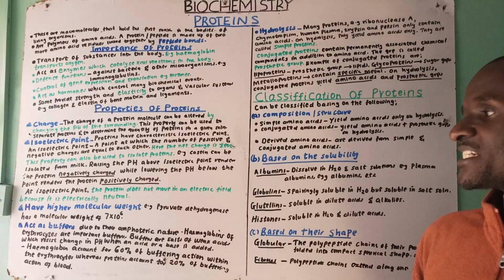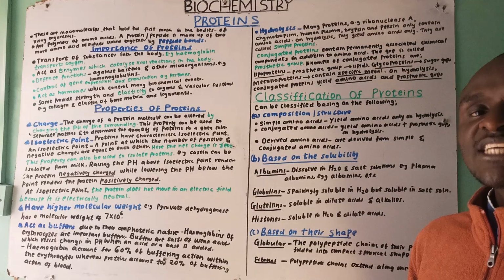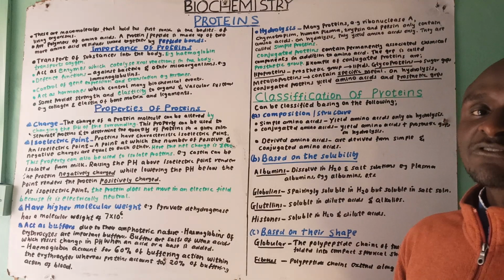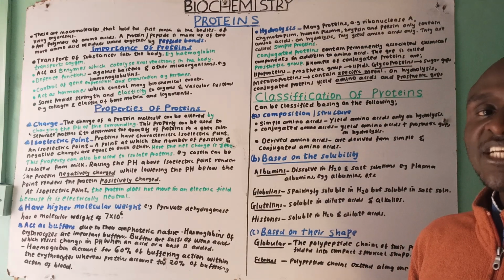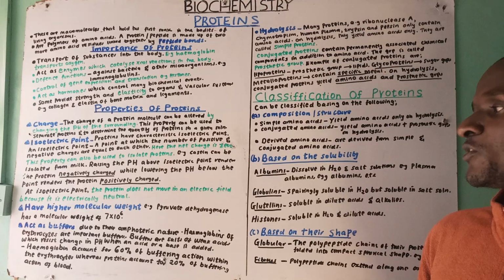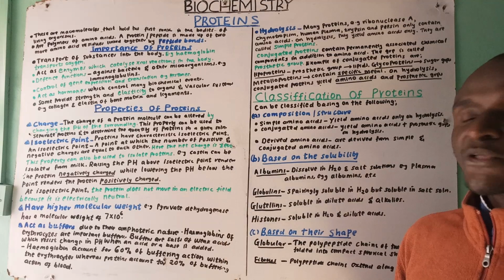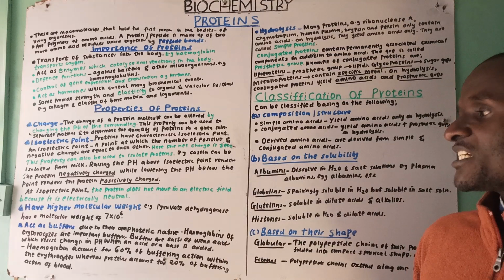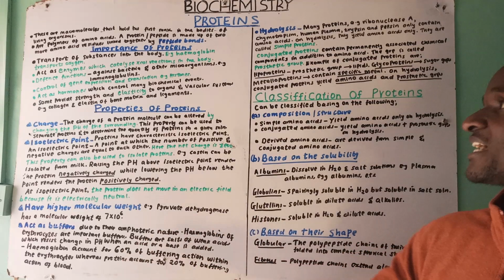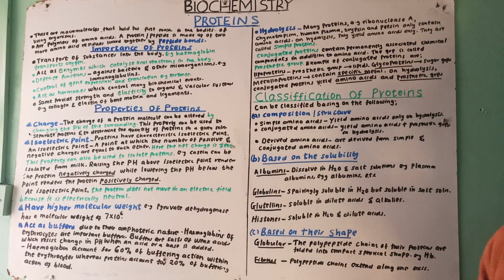Then another property is higher molecular weight. Proteins are made up of amino acids, and some of them contain prosthetic groups, so we expect them to have higher molecular weight. Then proteins also act as buffers. I have described what buffers are in the lecture on amino acids.